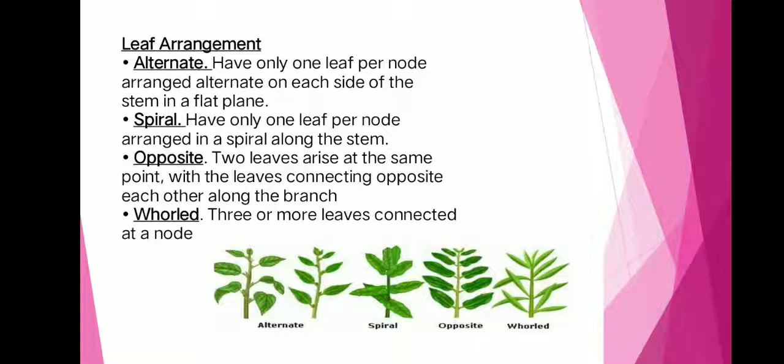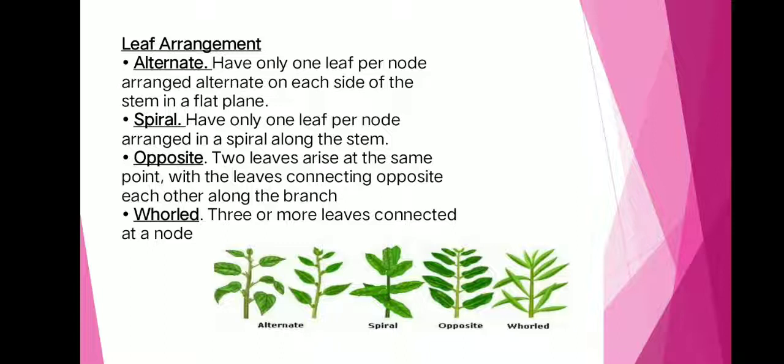Have only one leaf per node arranged in a spiral along the stem. So spiral is alternately arranged leaves in which each succeeding stem node and attached leaf is rotated slightly from the nodes below and above it.